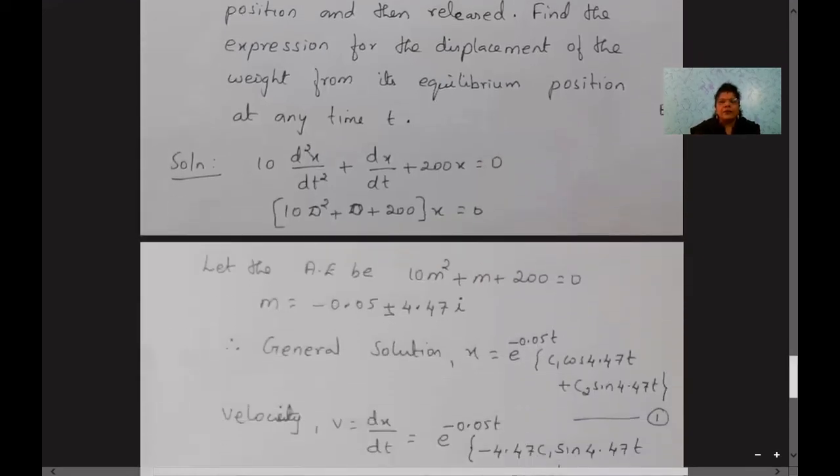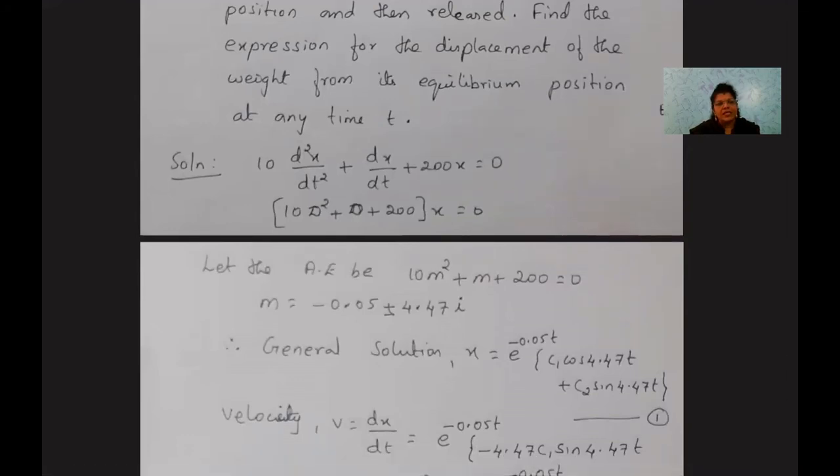To solve this problem, they have given the second order differential equation. What is that? 10 into d square x by dt square plus dx by dt plus 200x is equal to 0. By replacing d square by dt square as capital D square and d by dt as capital D, we obtain the equation 10 D square plus D plus 200 of x is equal to 0.